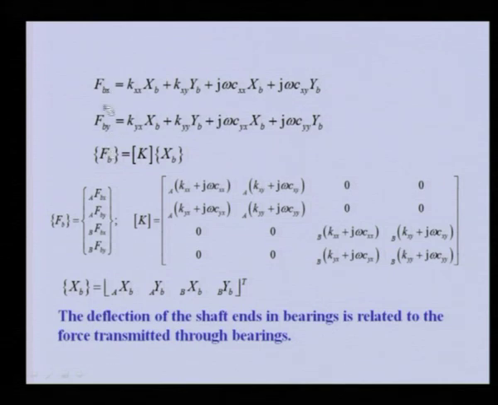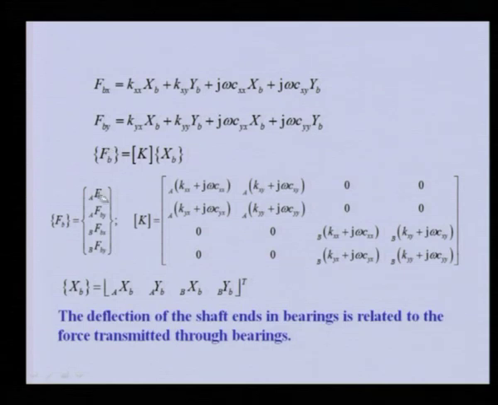Now, these two equations we are writing not only for one bearing, but identically we can write them for the other bearing, that is bearing B. So we will basically have 4 bearing equations. At one bearing we have the force in the x direction and y direction, and similarly for the other bearing.